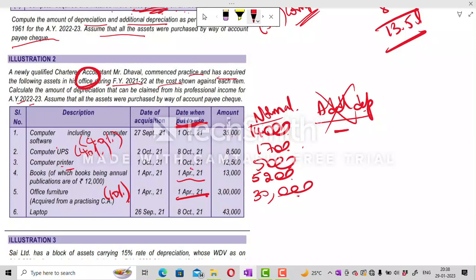Office laptop comes under the computer and should be depreciated at 40%, but it is put to use on 8th October, so used for less than 180 days and we should depreciate it at 20% only, 50% of the rate of depreciation. 43,000 into 20%, 8,600.